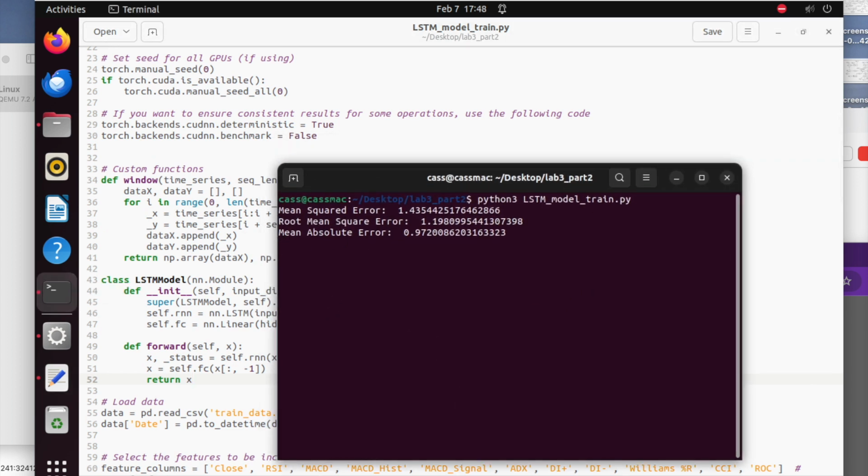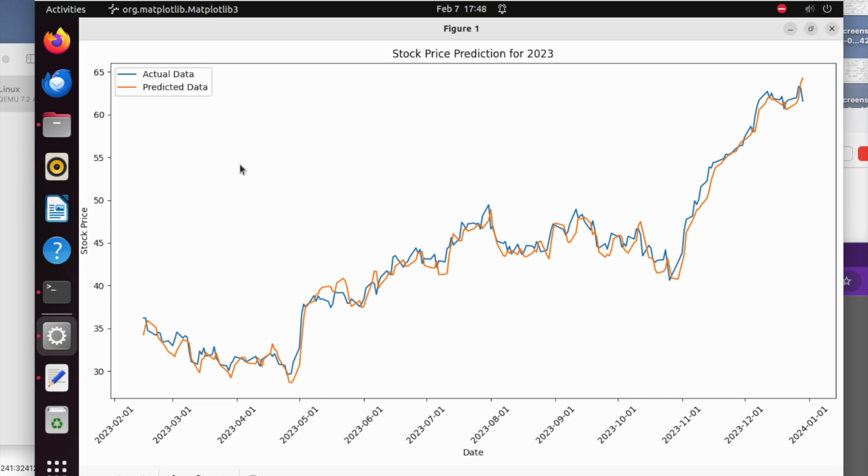Next we can go back to the terminal, and after we run this code, first we will get a figure like this that draws the stock price prediction for 2023. The blue line is the actual data and the orange line is the predicted data from our LSTM model.